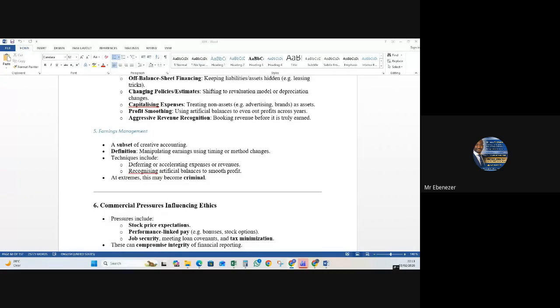Now, the techniques they use is that they can defer or accelerate expenses or revenue. If I want my profits to be more this year, if I have any expense, I'll push it to, let's say, the 2026 account.